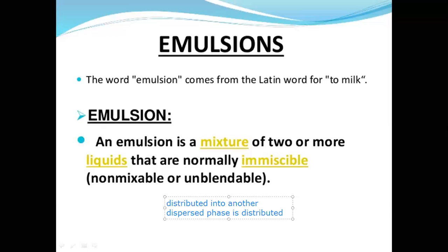Depending on the dispersed phase and dispersion medium, colloids can be of different types. If the dispersion medium is liquid and the dispersed phase is also liquid, the colloid is an emulsion.